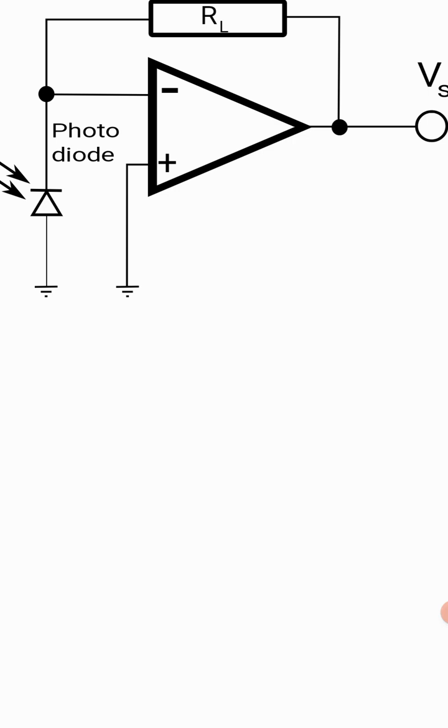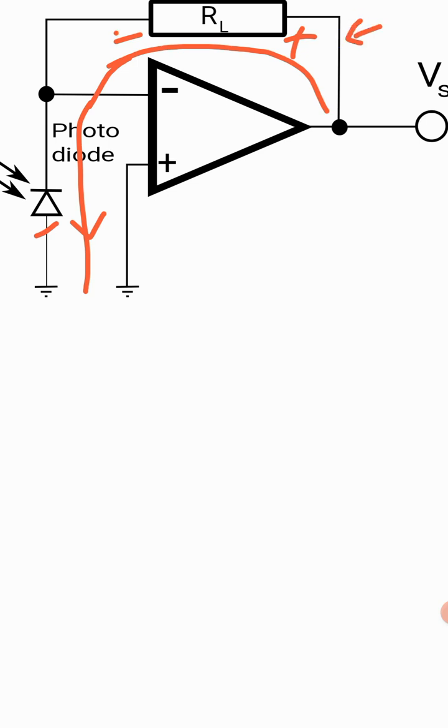So when the light falls, it helps the PN junction diode conduct current in reverse bias, and that current flows in this direction, completing the path from the output through the load and through the diode, and the polarity of the voltage across RL is positive at this side and negative at this side.